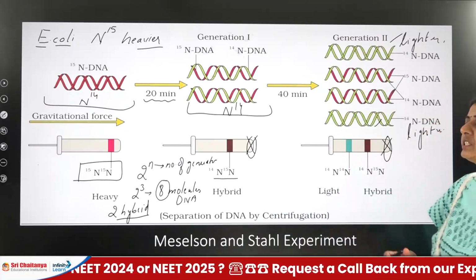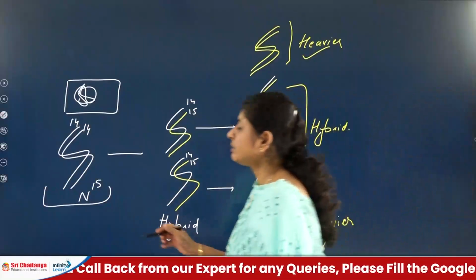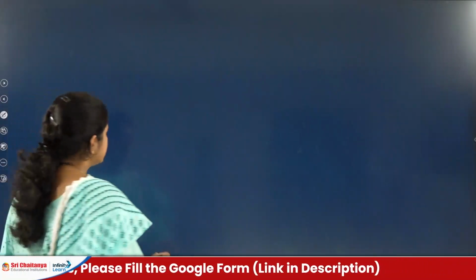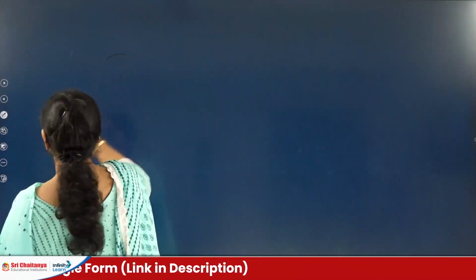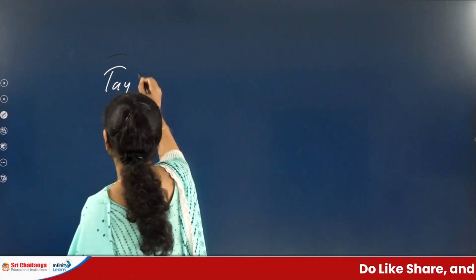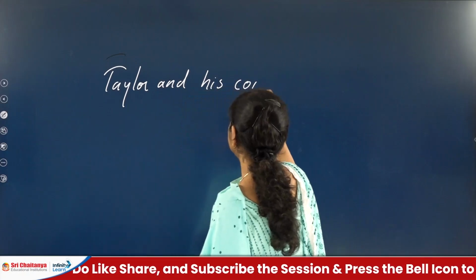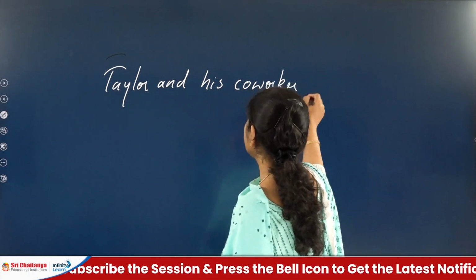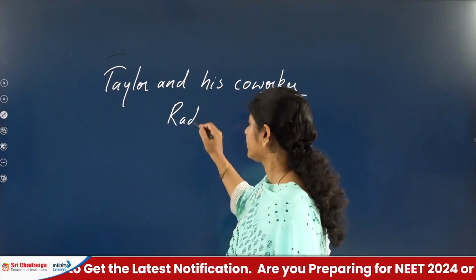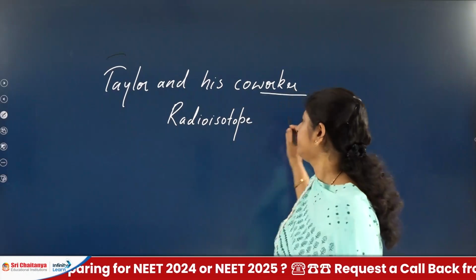Now, after this, let's talk about one more thing. The concept of semi-conservative replication was also described by the scientist Taylor and his co-workers. In their experiment they used a radioisotope. Radioisotope of what did they use? Thymidine.